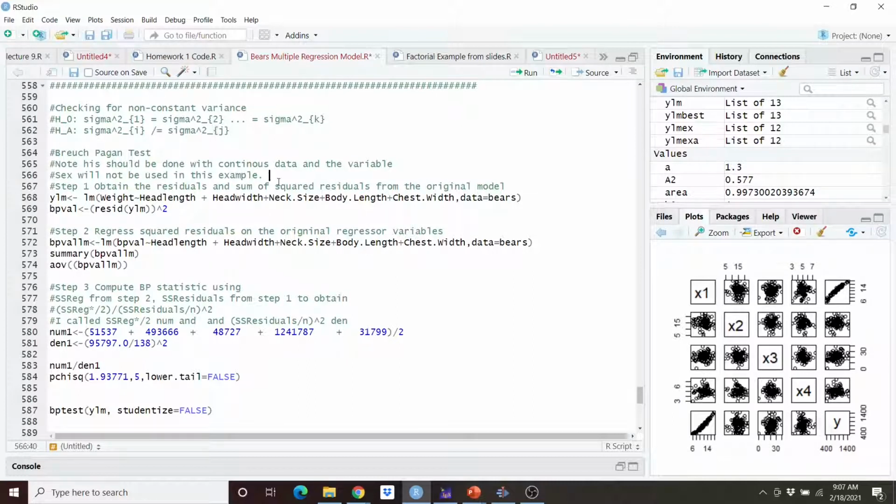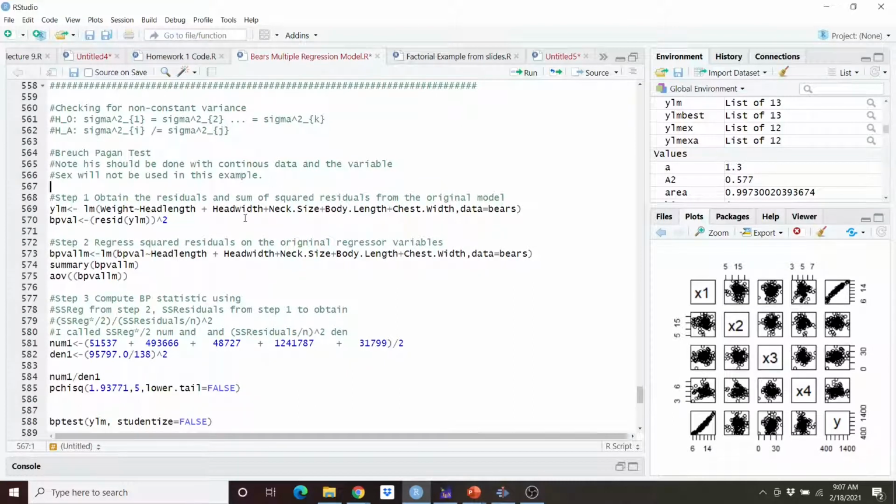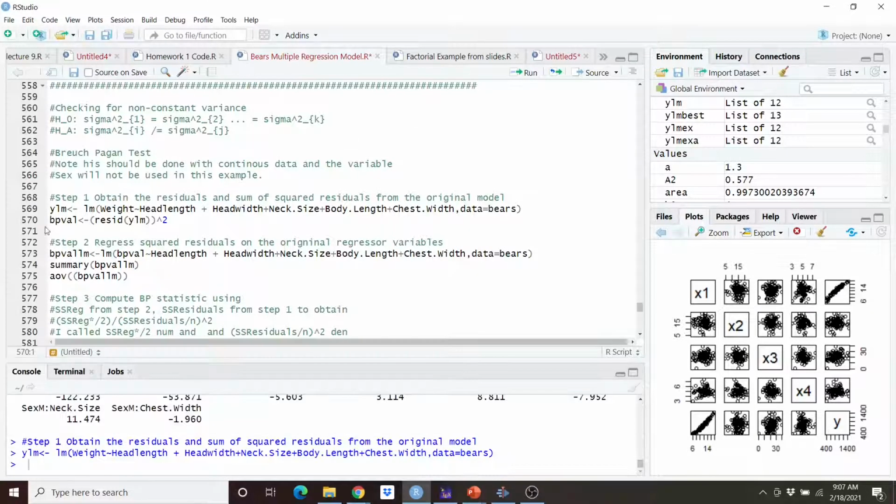So how do we do this? Well, our first step, we need to obtain our residuals and our sum squared residuals from our original model. Notice, without sex, our linear model is going to be weight regressed against head length, head width, neck size, body length, and chest width. And so we'll run this model, and what we want to get are the squared residuals that I've called BP val.